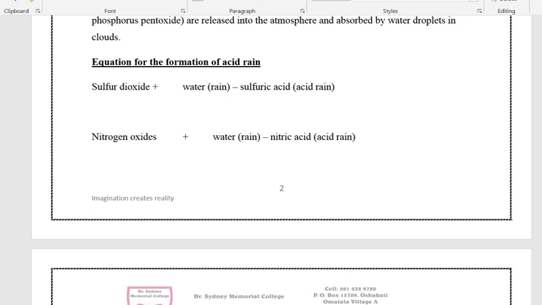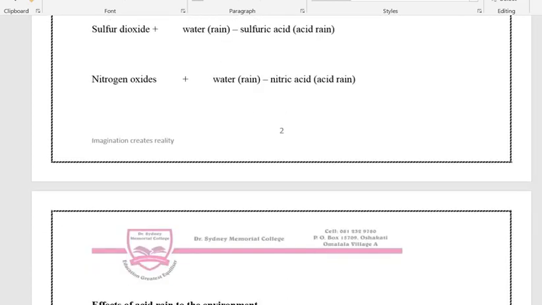You have water in the clouds and sulfur dioxide in the atmosphere, and they react and produce acids. Sulfur dioxide reacting with water forms sulfuric acid. Nitrogen oxides form nitric acid. And this is then the rain that comes down. You think the water is clean, but effectively it's now a weak acid.